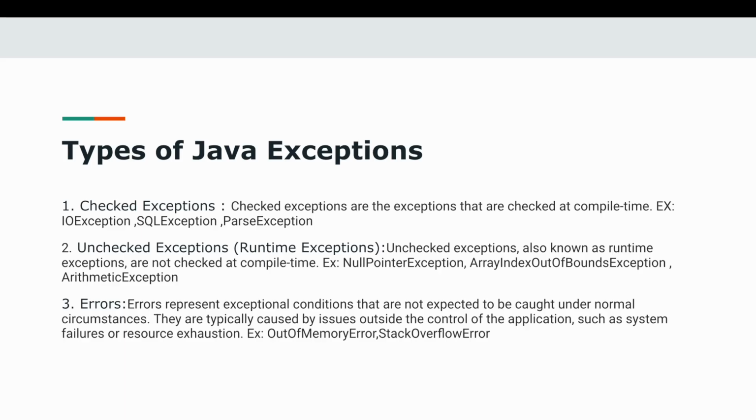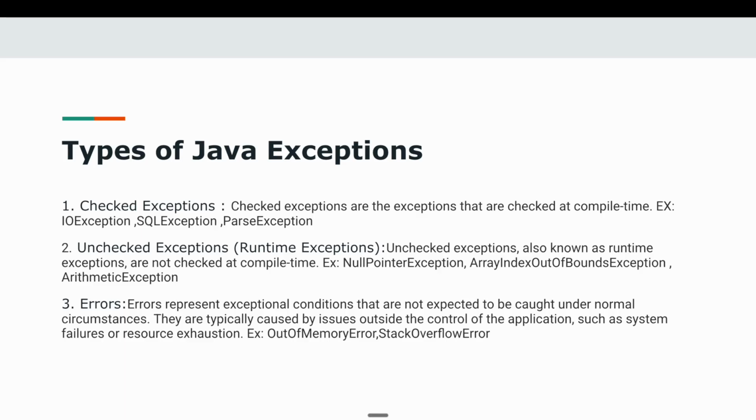Now let's come to the unchecked exception. Unchecked exceptions are nothing but runtime exceptions. You will not be able to know this exception at compile time unless you run the program. To know the unchecked exception, you have to run the program, because this will be checked at runtime, not compile time.